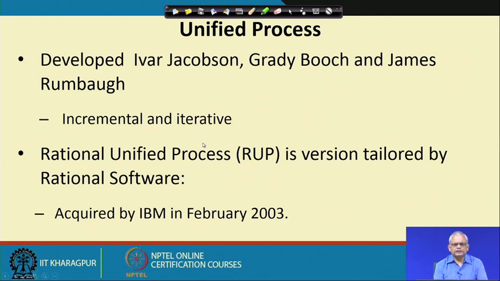It means that the features are to be identified beforehand, and then over several iterative developments, the software is developed, each time deployed at the client site, and client feedback is obtained. The unified process tailored by the Rational Corporation is called the Rational Unified Process, and of course, the Rational Corporation was acquired by IBM in 2003.